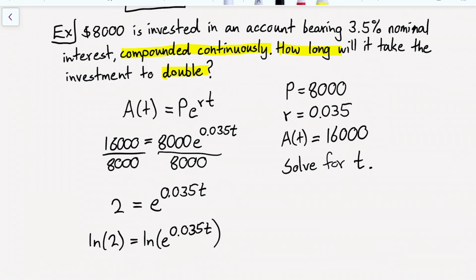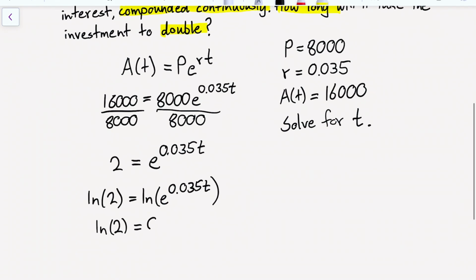This allows me to isolate t. On one side I have the natural log of 2. On the other side I have 0.035t. Remember, natural log of e to the power of something is equal to that something. I can solve for t by simply dividing by 0.035 on both sides.